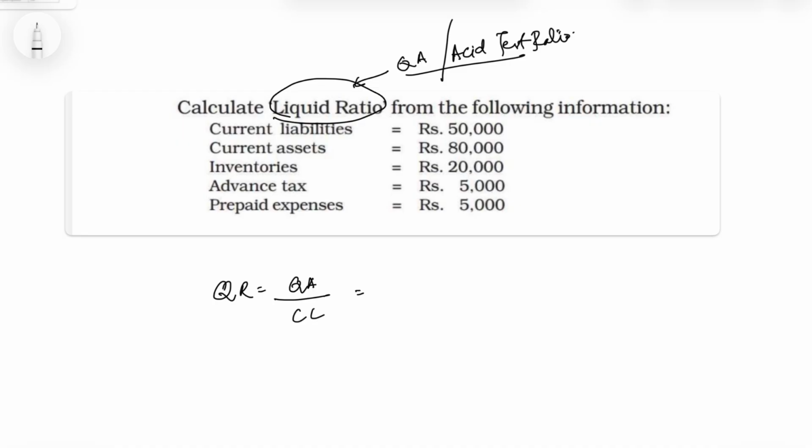Now let's identify the quick assets and current liability, so basically the total of current assets.